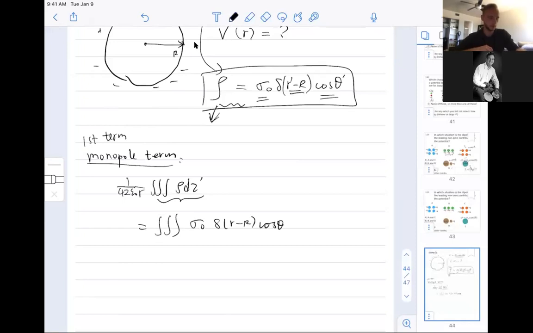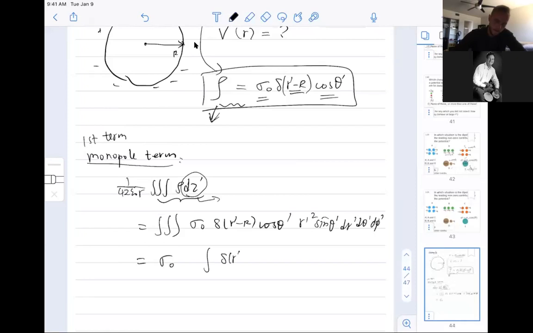Sorry, I should put prime on everything. And d tau in spherical coordinates is r prime squared sine theta prime dr prime d theta prime d phi prime. And you can see sigma naught is a constant. I'm going to take it out of my integral.